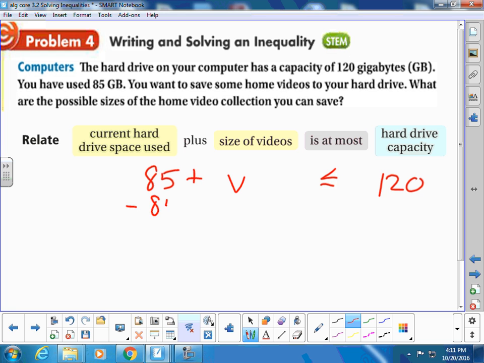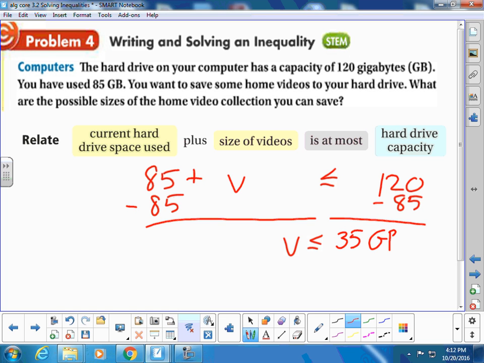So subtract 85 from both sides. Hope nobody wrote in pen. And we have v has to be less than or equal to 120 minus 85, which is 35 gigabytes. See, even I can make silly mistakes. So it should be 35 gigabytes your videos can be at the most.